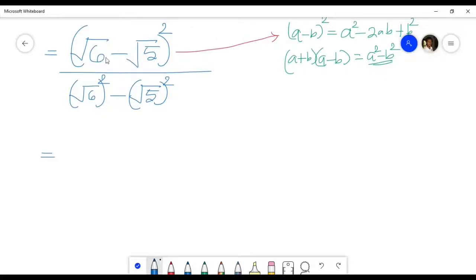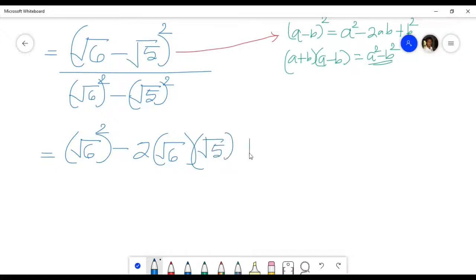We'll use the expression a minus b whole square to solve the numerator. Remember that root 6 resembles a and root 5 resembles b. So a square, from the expansion, it will be root 6 whole square minus 2 into ab, that is root 6 into root 5, plus b square, which will be root 5 whole square.